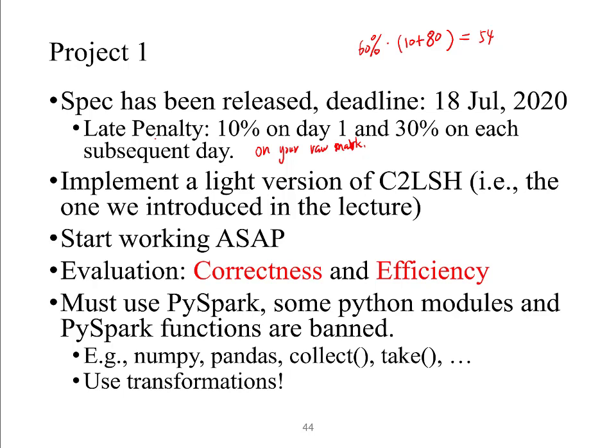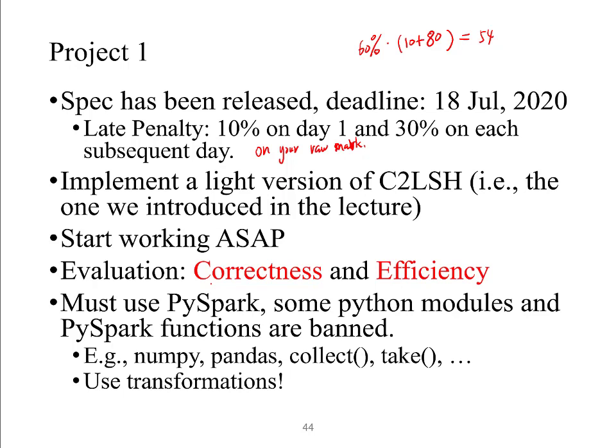You will see why. The evaluation is based on two things: correctness and efficiency. So if you work on it in the last couple of days, even if you get it correct, you cannot guarantee the efficiency of your implementation. And efficiency is actually important because we're talking about using PySpark.